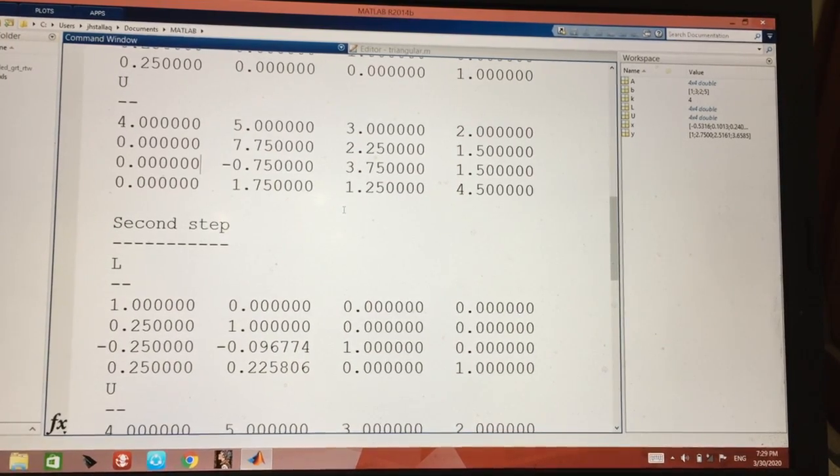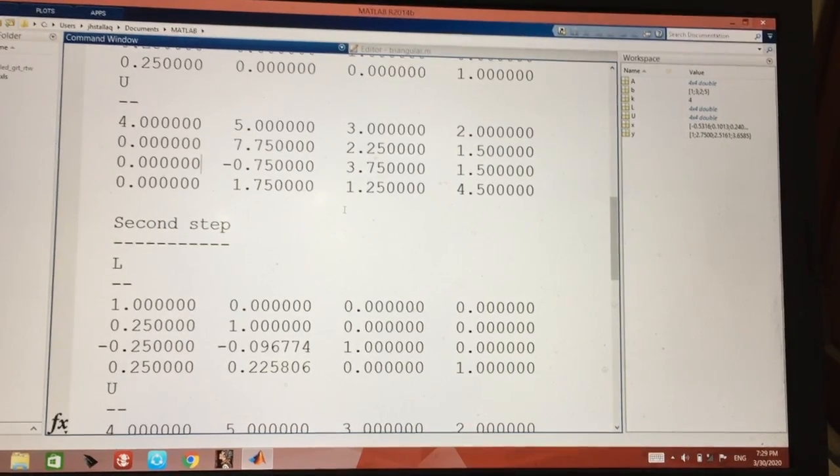Now, these 3 elements here, which are 0.25, 0.25, and minus 0.25, we insert into this group. So here 1/4, minus 1/4, and 1/4. Okay? So that's the first step.